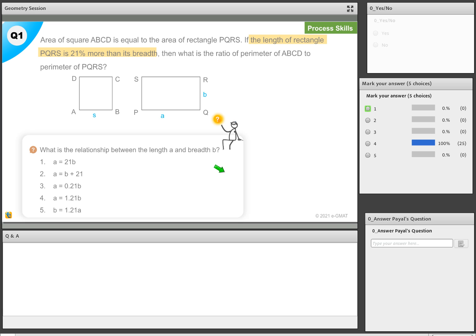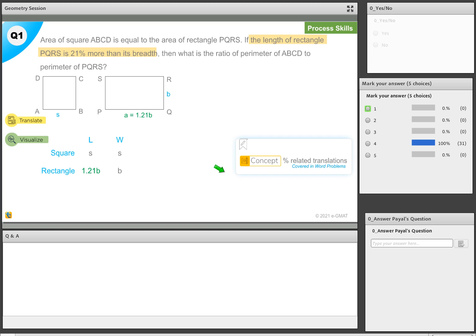I apologize. So A is equal to 1.21b. Absolutely. So essentially what you're doing over here is you're simply translating the information that's given to you in the question statement. Now, how many of you are not comfortable doing such translations? Select yes if you are not comfortable doing such translations.